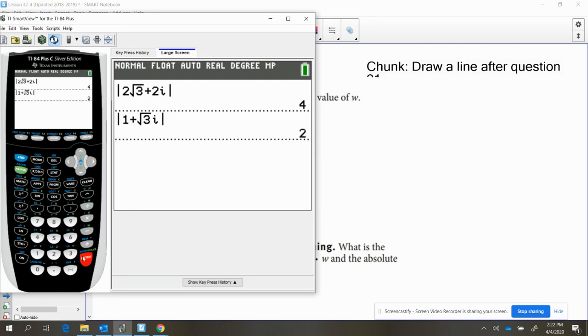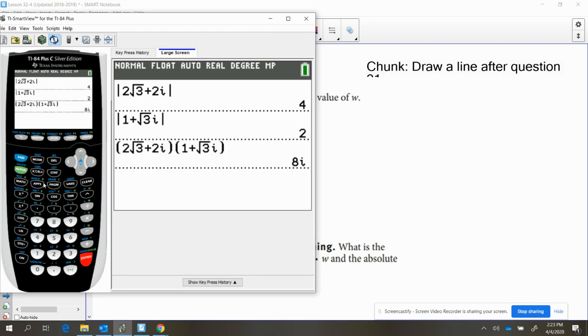Notice 2. And if we look for the value of the product, notice again we can shortcut this: 2 square root 3 plus 2i times 1 plus square root 3 i.